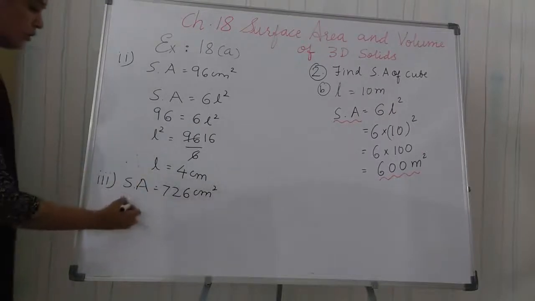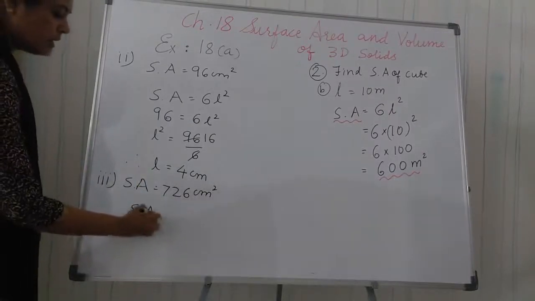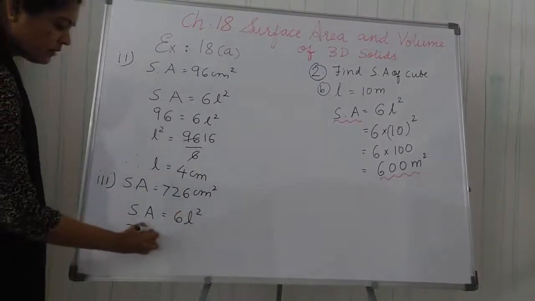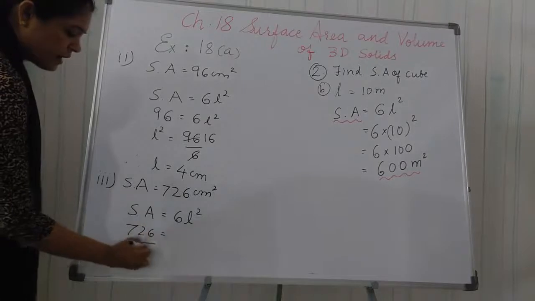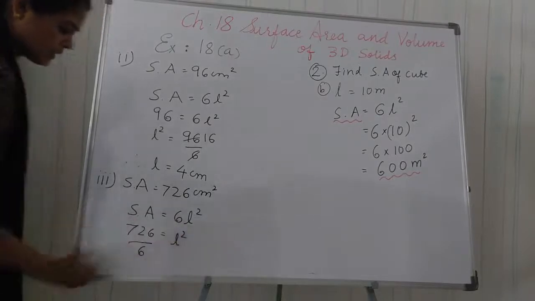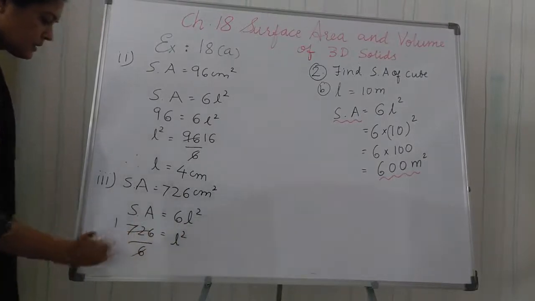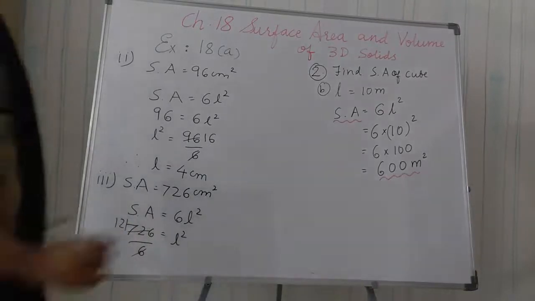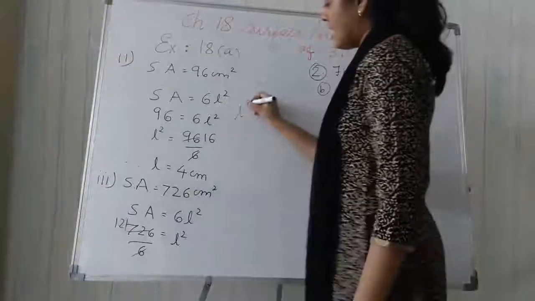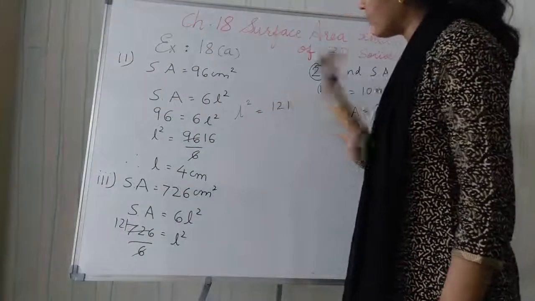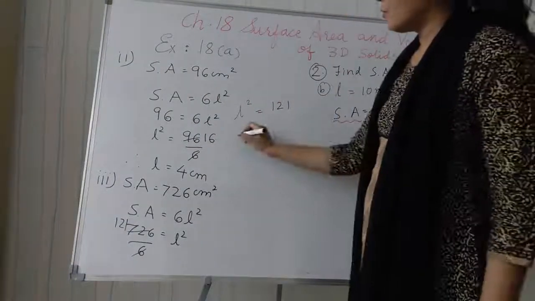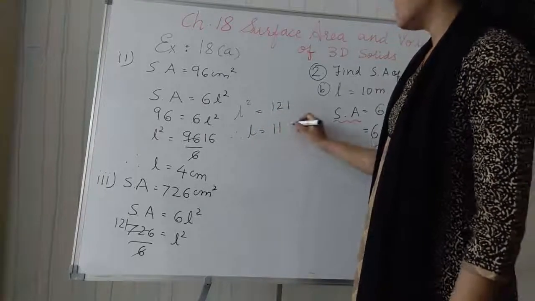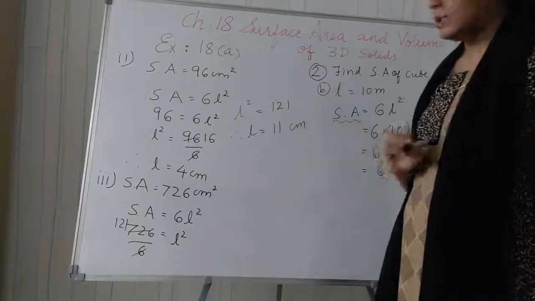So I substitute the formula, surface area is equal to 6L square. So 726 divided by 6 is equal to L square. 6 ones are 6, 1 remains, 6 twos are 12, 6 ones are 6. It means L square is equal to 121. Therefore, taking the square root on both sides, length is equal to 11 centimeters.